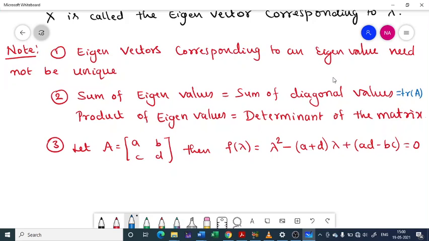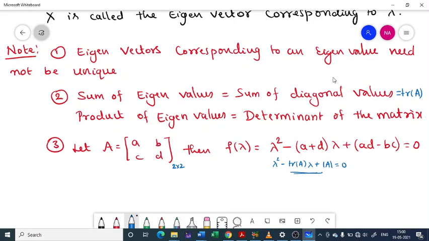As a consequence of point 2, we have point 3. Let A be the 2 cross 2 matrix with rows a, b and c, d. Then the characteristic polynomial of A can be written directly. That is given by this rule: f of lambda equals lambda square minus (a plus d) times lambda plus (ad minus bc) equals 0. In more general form, this can be written as lambda square minus trace of A times lambda plus determinant of A equals 0.